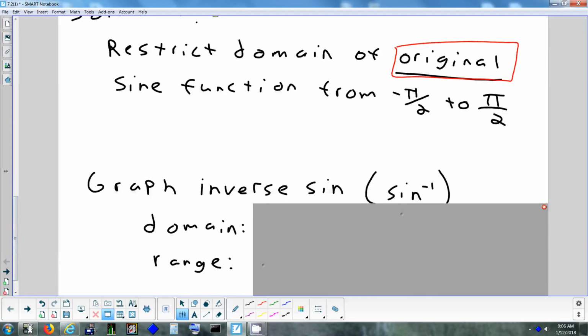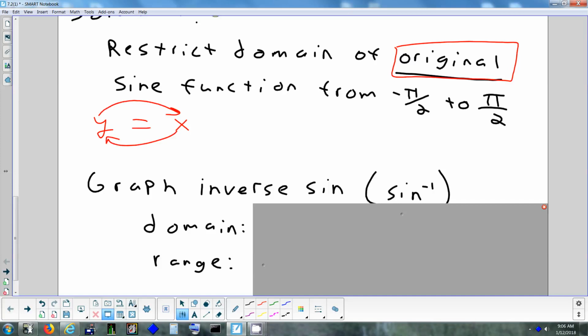It was a mirror image over what? Gracie? It was a mirror image over y equals x. So what that means, y equals x, is that y turns into x and x turns into y. That's what y equals x means.